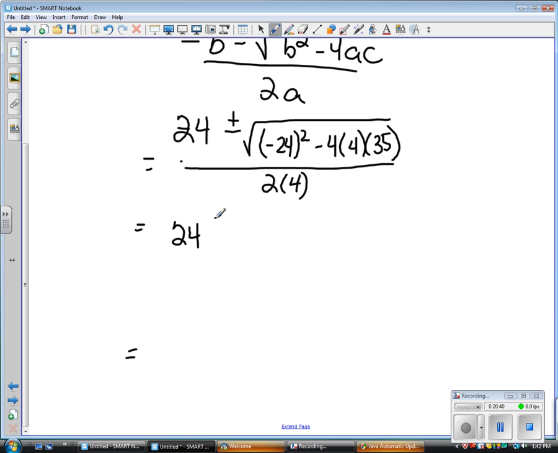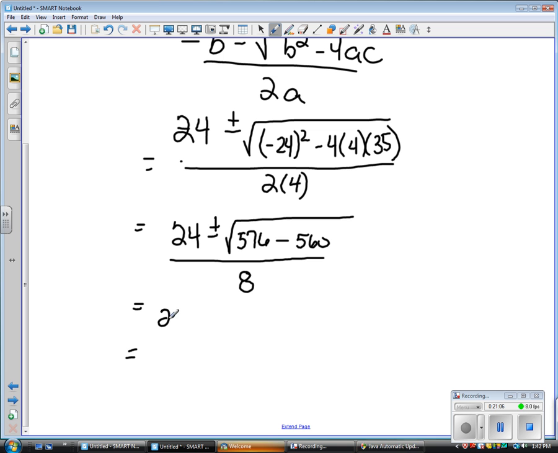All right, so we have 24 plus or minus the square root of negative 24 squared. What's negative 24 squared? It's the opposite of negative 24, so that would make it positive 24. 576 minus, what's 16 times 35? 560, divided by 8.